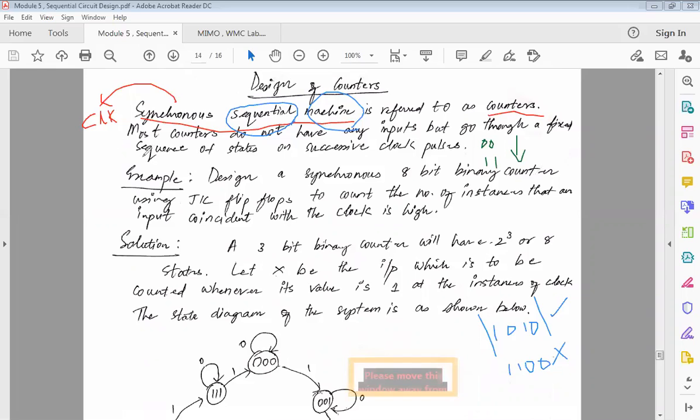Which means there is a sequence that is happening. Now you all know what a state is, right? A state is something in which the circuit is present, and there are a few sets of inputs and outputs, and if the input is favorable, then it will move on to another state. If it's moving to another state, and if it's a planned state, then it becomes a sequence.